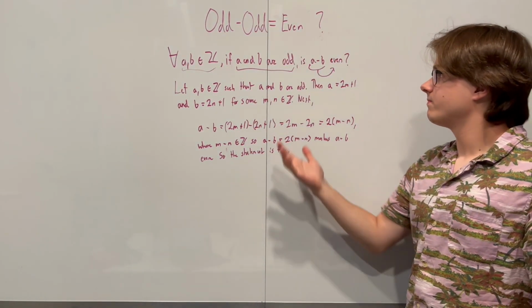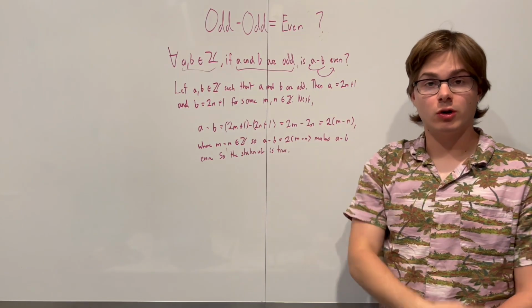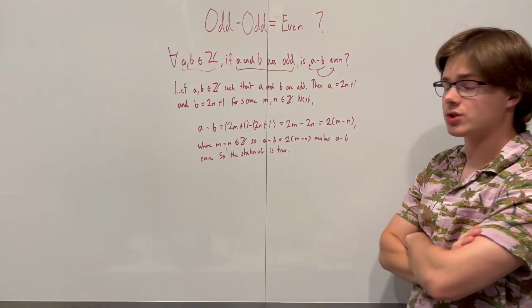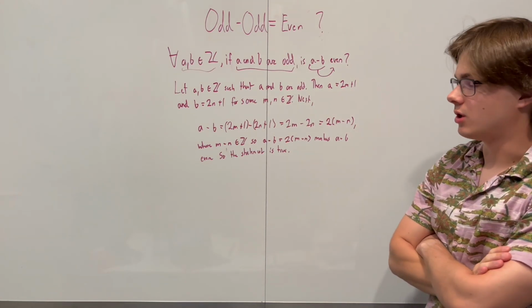Fantastic. So I've just proven that not only have we proven that the difference between two odd integers is never going to be odd, or sorry, for all odd integers is not odd.